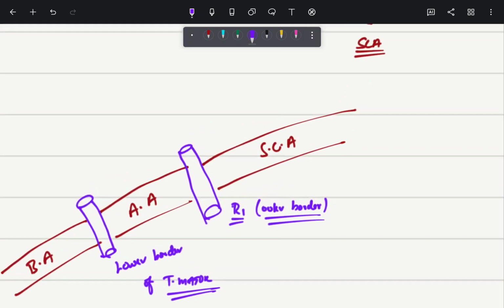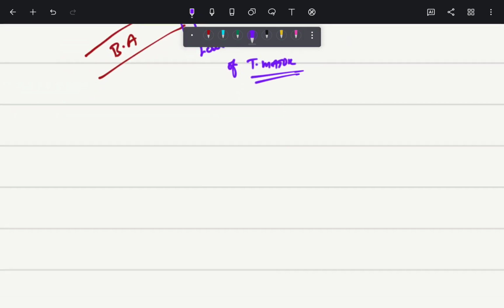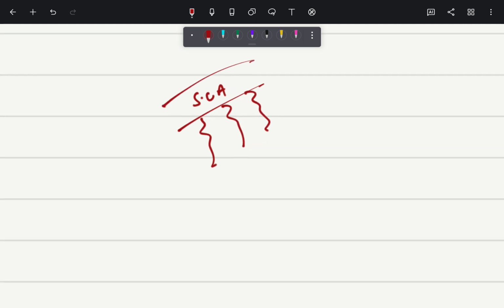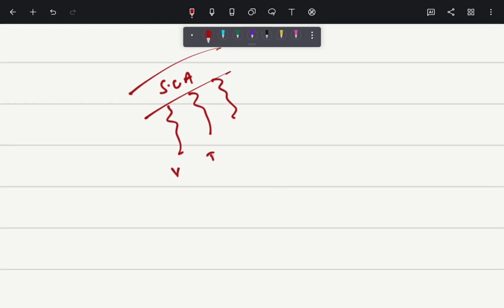Now the subclavian artery is going to give 3 branches. I am going to draw this one here. So imagine this is your subclavian artery. This subclavian artery is going to give 3 branches. We are going to use the mnemonic VIT.